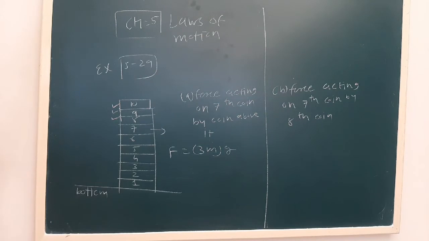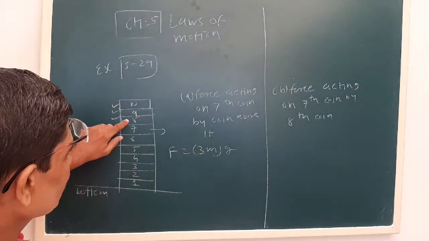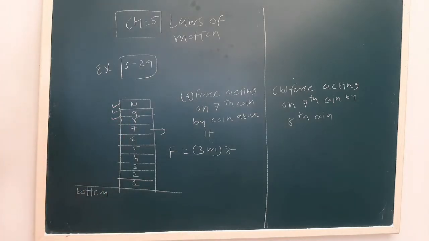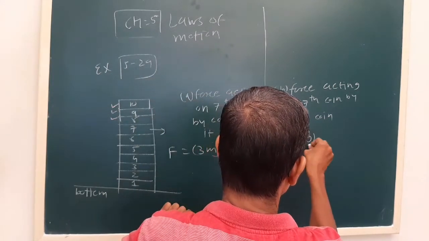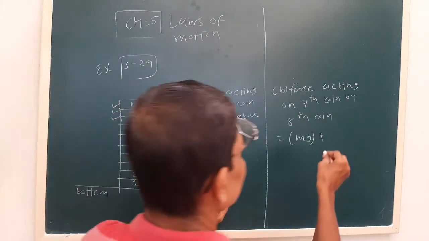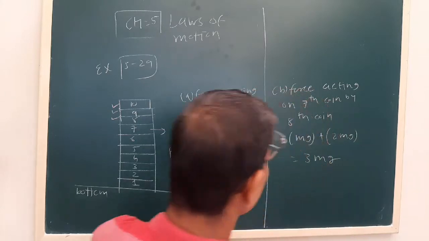Now see, the 8th coin is above the 7th coin, and above the 8th coin there are 2 more coins. So the total force is mg, that is the weight of the 8th coin, plus 9th and 10th coin, 2 coins, so it will be 2 mg. So the force will be 3 mg.